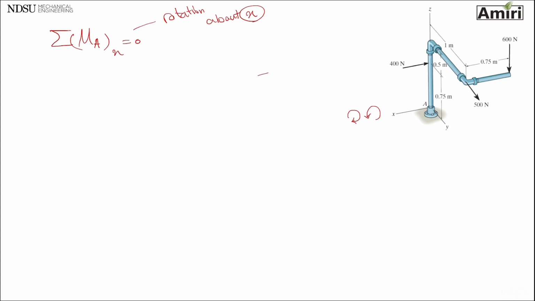So this is my X axis, this is my rod, this is my 500 Newton. This 500 is trying to make a rotation about X axis in this way. First of all, it is negative, because if I use the right hand rule, with my fingers following the direction of rotation, my thumb is going to point to negative X. So it's minus.